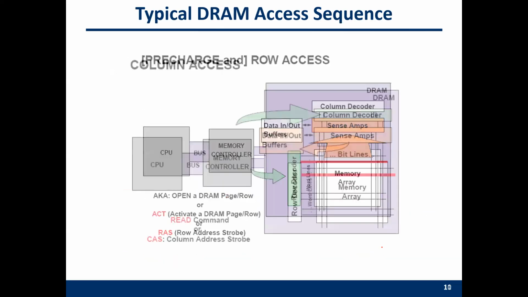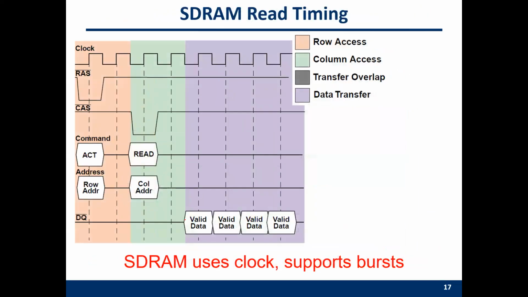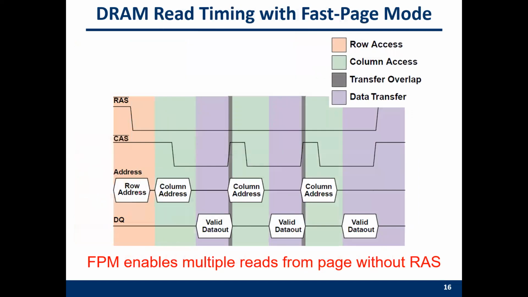I believe we have this example. So here, like this. After you open a row, you only need to send the column address. You don't need to send a row address anymore. You just send the column address, which selects only a portion of the data from the row. And then the row buffer will pump out the data you want.